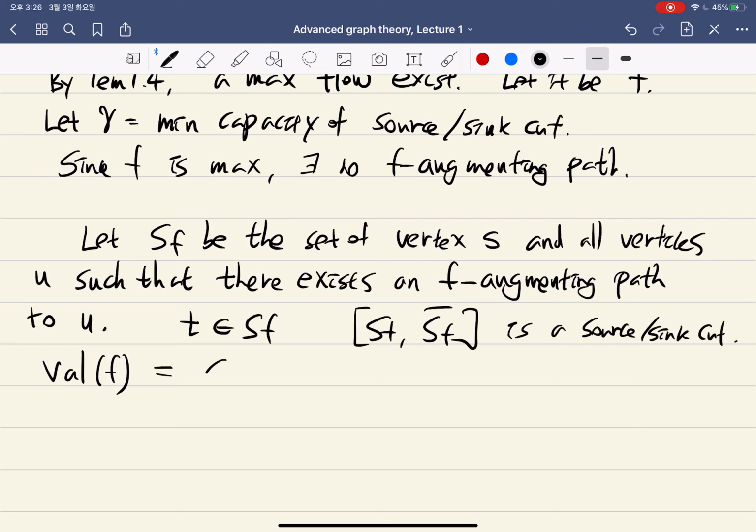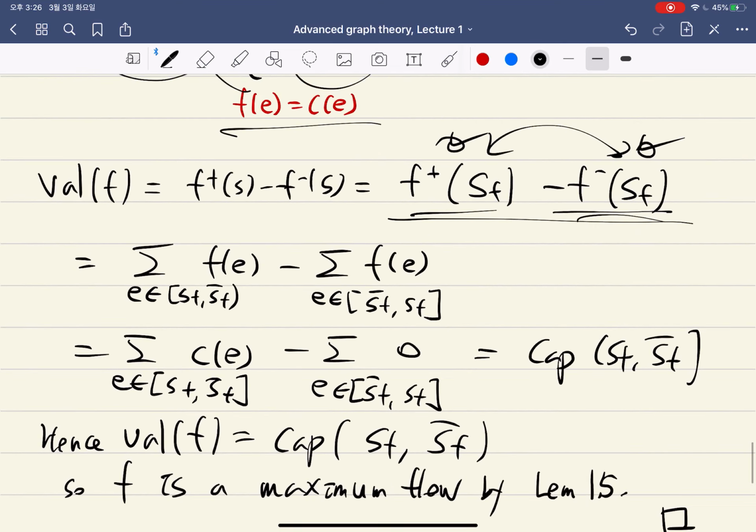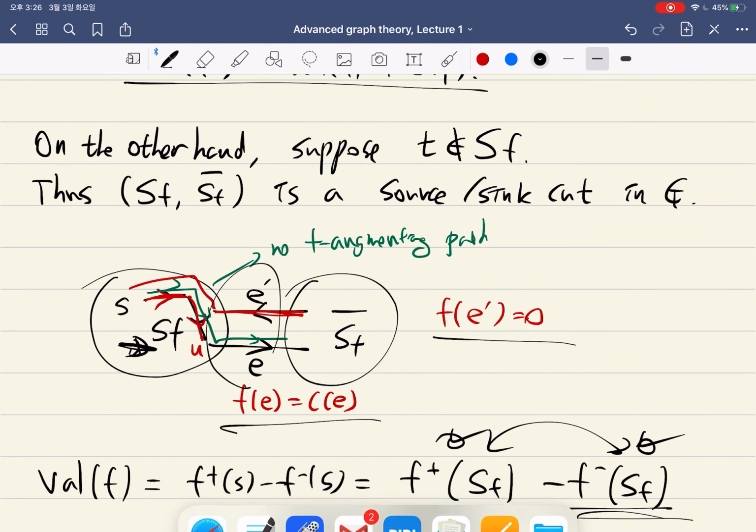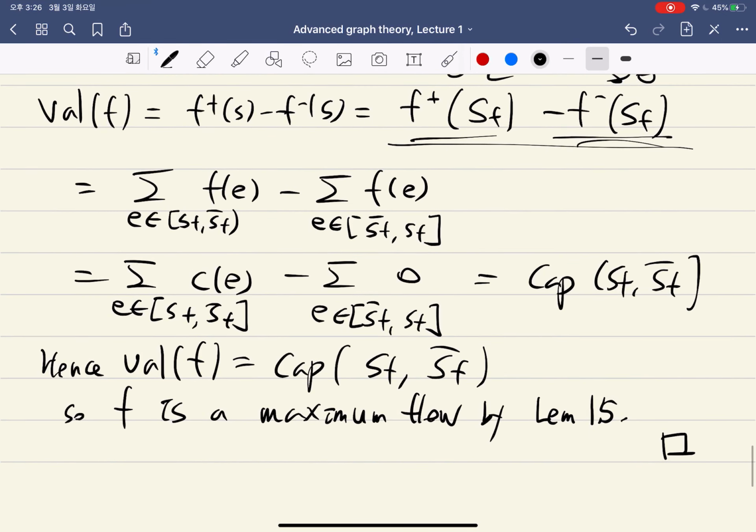And for this, we know that the capacity of this cut is the same as the value of f, which is what we just showed in the proof.